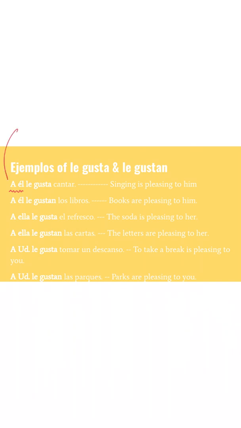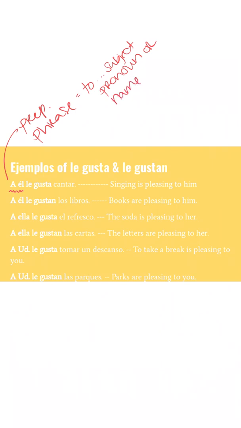That, my friends, is our prepositional phrase. And I'm going to abbreviate it here. So our prepositional phrase equaling to and then the subject pronoun, right? Or it can be a name. All right, so this is just clearly defining, to him specifically, singing is pleasing.